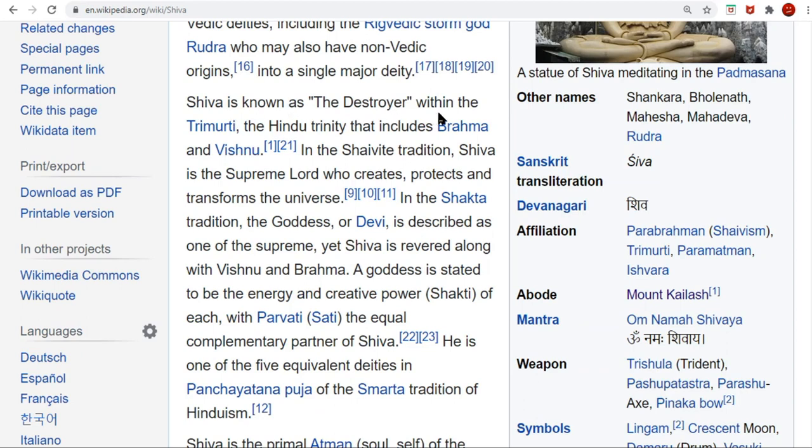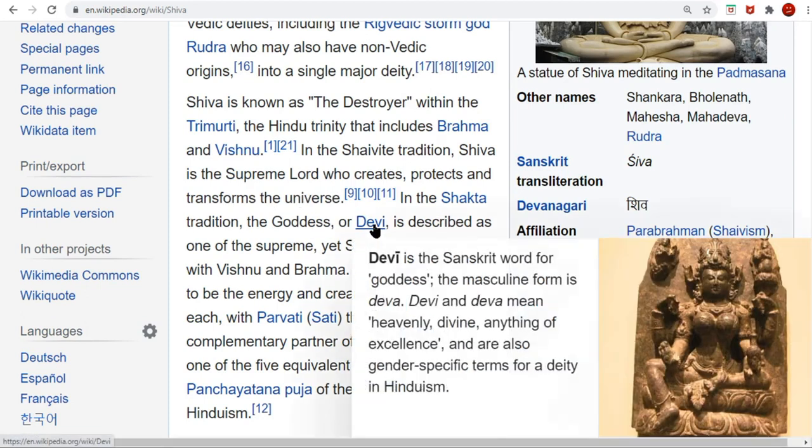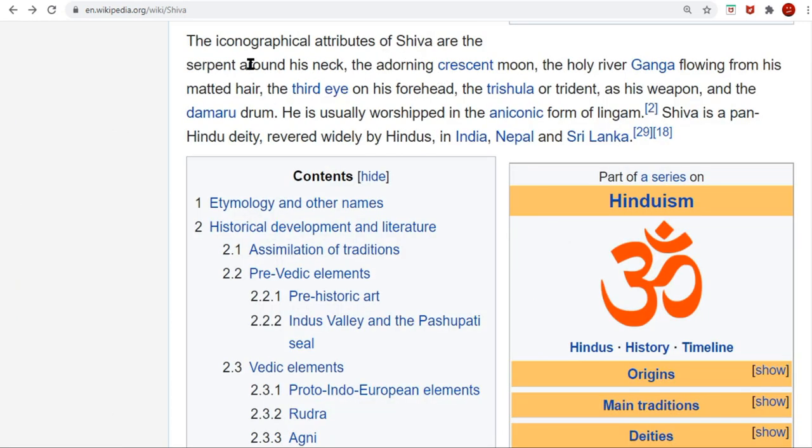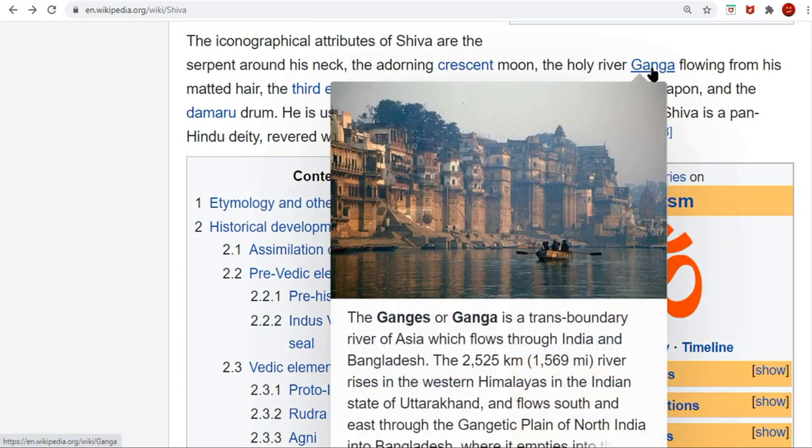Shiva's known as the destroyer and the supreme lord who creates, protects, and transforms the universe, and the goddess, or the Devi, but also part of the Trinity, Shiva, with Vishnu and Brahma. His attributes are the serpent around his neck, the crescent moon, the holy river Ganga.